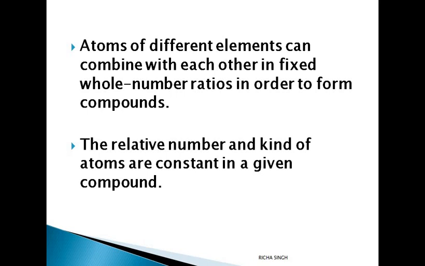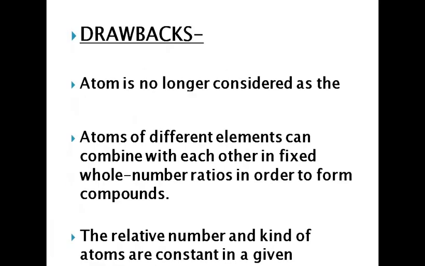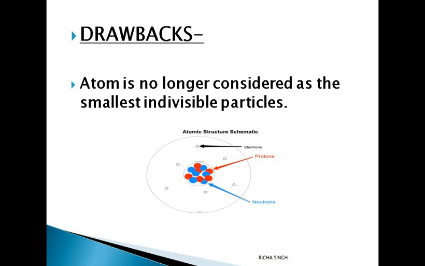But later on, some of the scientists studied more about these things and then they found that there are certain drawbacks in the theory. So let's discuss the drawbacks also one by one. The first drawback was to the first postulate, that the atom was indivisible.